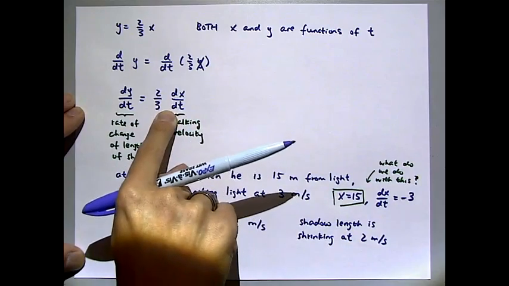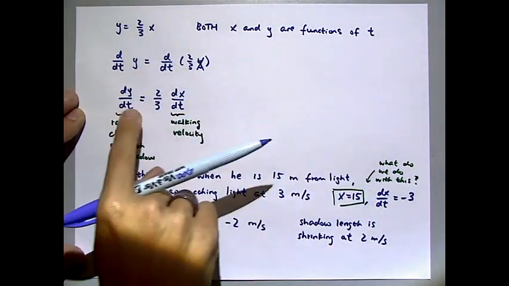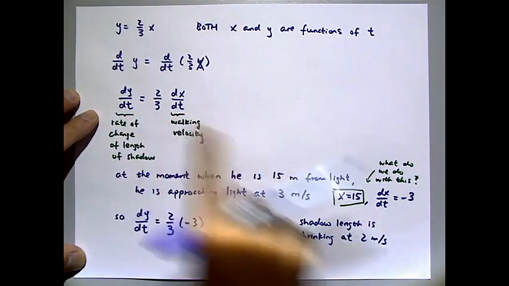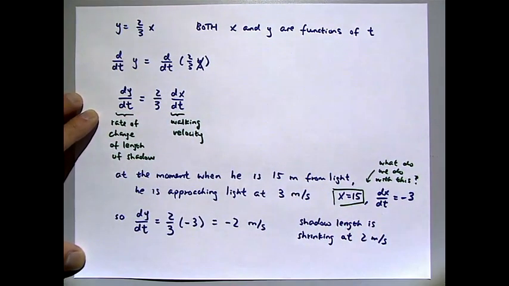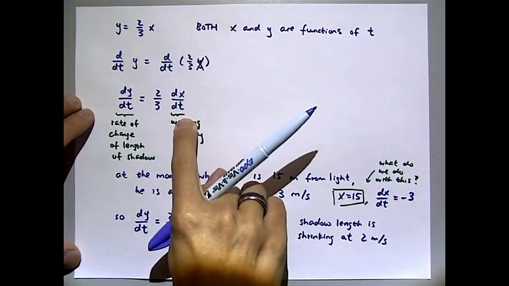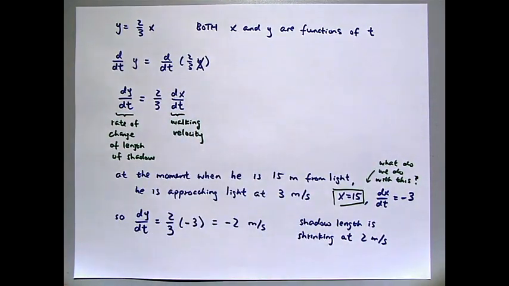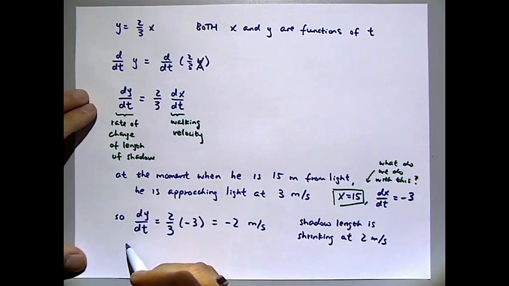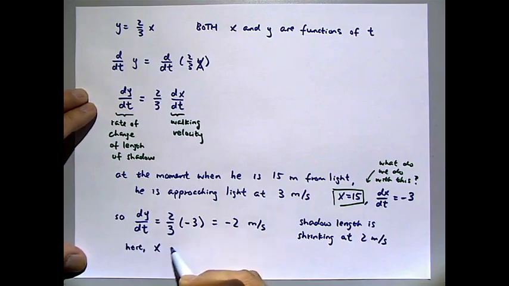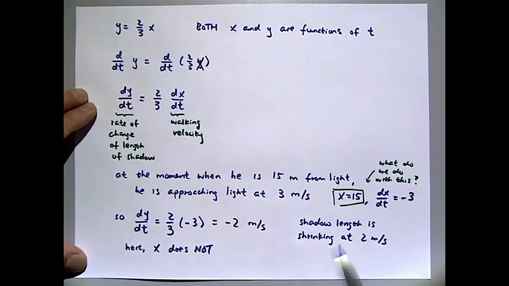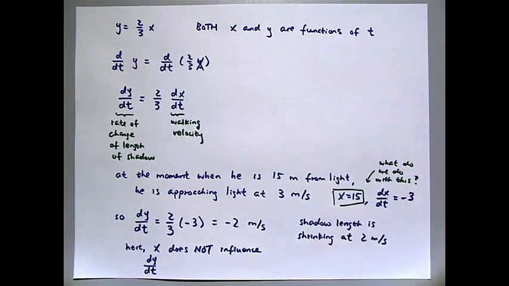This doesn't show up in this equation at all. That's telling us that the shadow's rate of change is not dependent on how far he's from the light. Rather, it's only going to depend on the walking speed. So I'll write that down. Here, x does not influence dy/dt. But if you want to know the actual length of his shadow, then that would be something you would need to know.